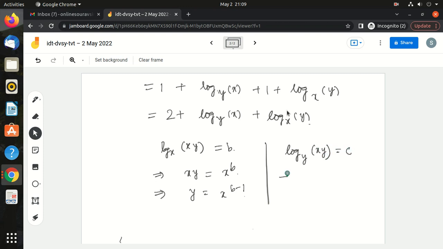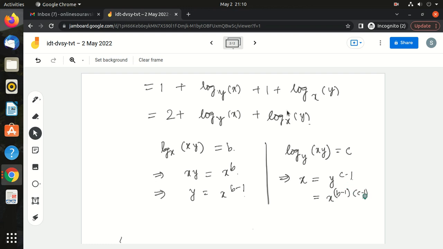Similarly, you get x equal to y to the power c minus 1. Then if you put your y back here, you get x to the power b minus 1 times c minus 1.